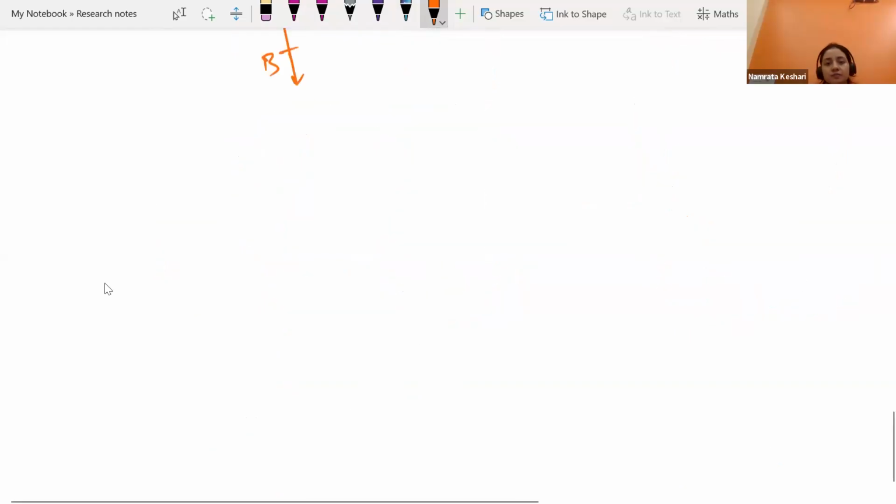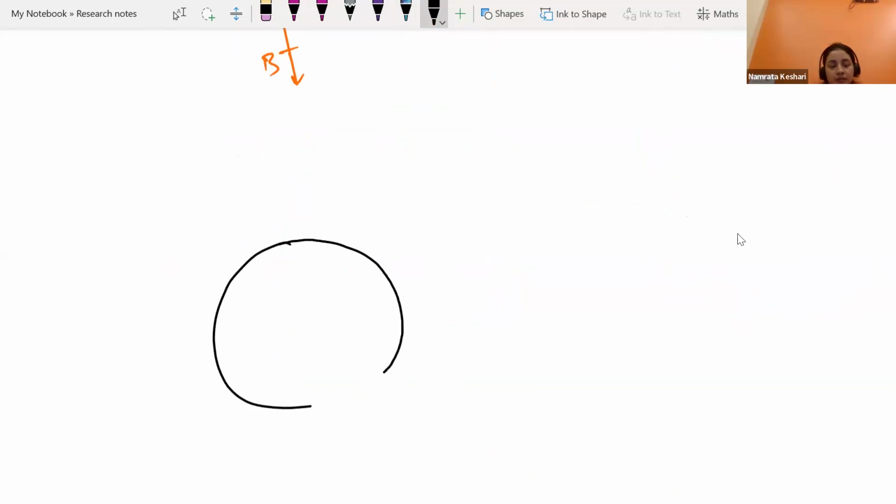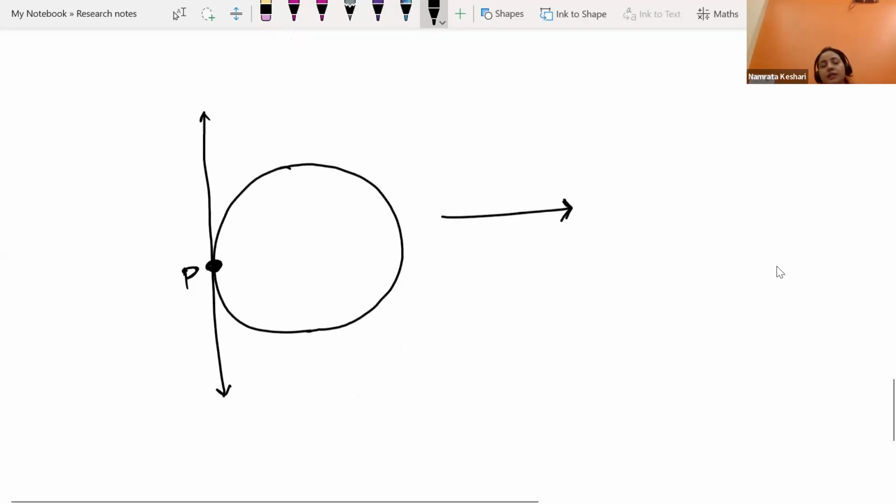Now suppose we are having a circle. And here you are having a wire, and you are just tying the wire at a point P. You are having a circle, you are having a wire, you are just tying the wire at a point P. Now can we say the wire will just move like this?